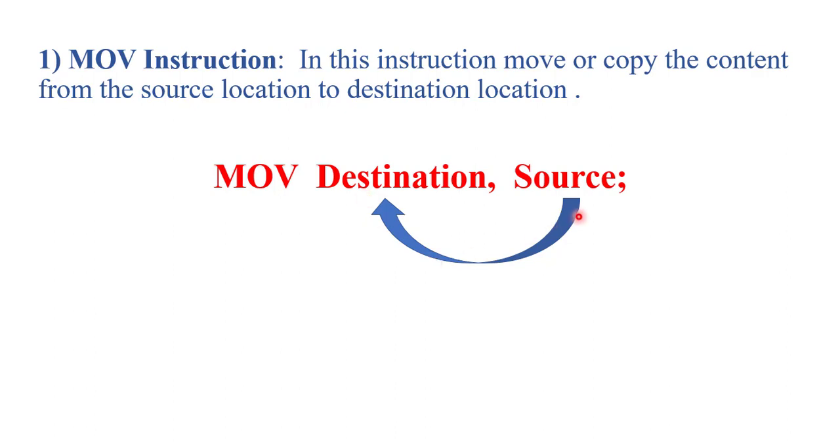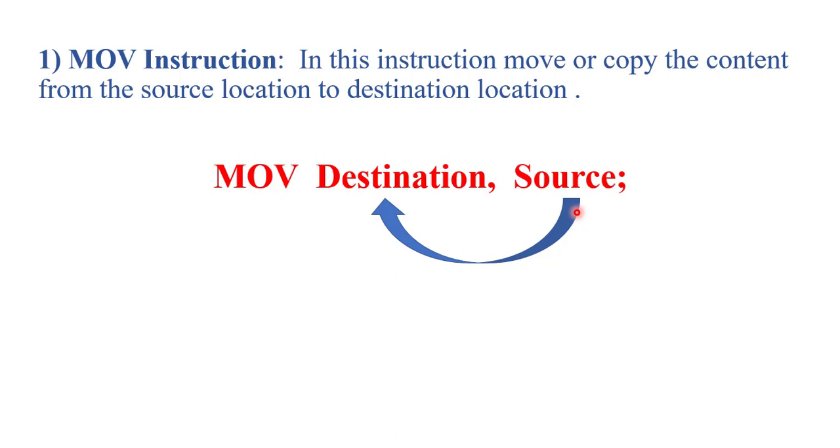Now, in this type of instruction, the source location can be any one of the special function registers, that is the accumulator register or DPTR register, or it can be an 8-bit register of a selected register bank, that is R0 to R7. We know that in the 8051 microcontroller we have 4 register banks, that is bank 0, bank 1, bank 2 and bank 3.